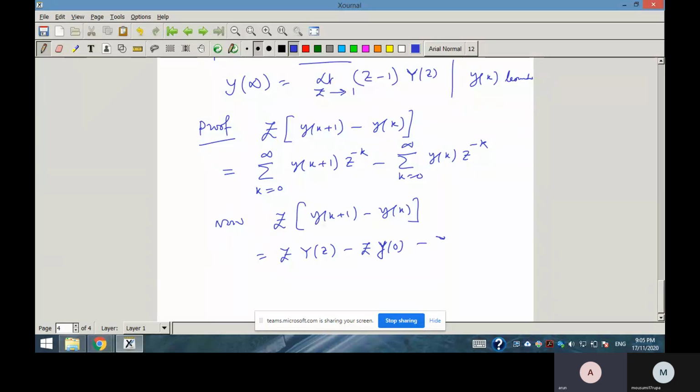So this will be equal to (z minus 1) into Y(z) minus z y0.